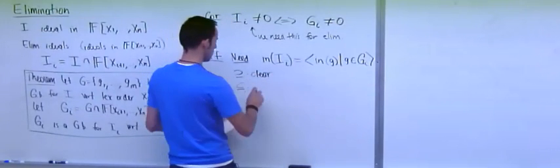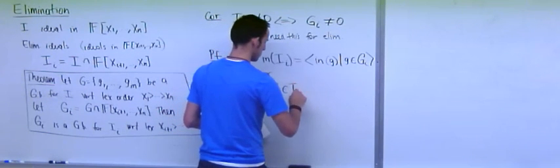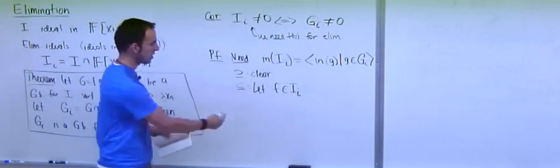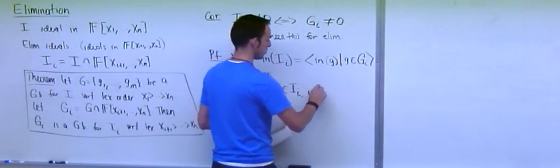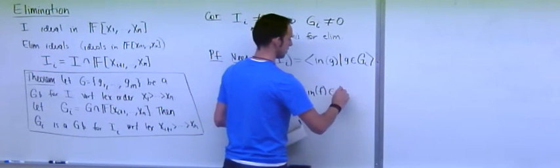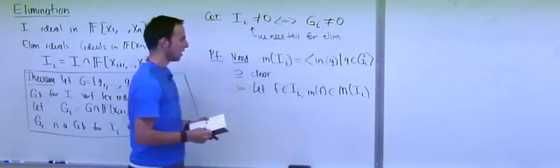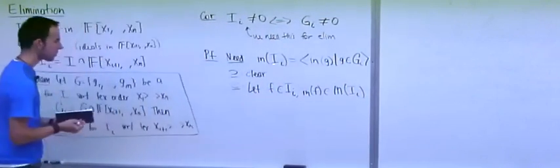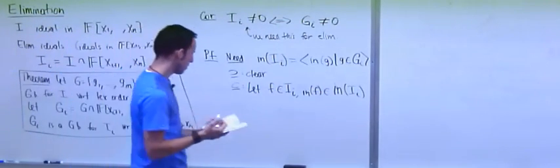Okay? And so what I'm going to do is I'm going to take some random polynomial f in I sub I so that its initial monomial is in the initial ideal of I sub I. And I need to show that this initial polynomial is generated by these guys. Right? So I say this.